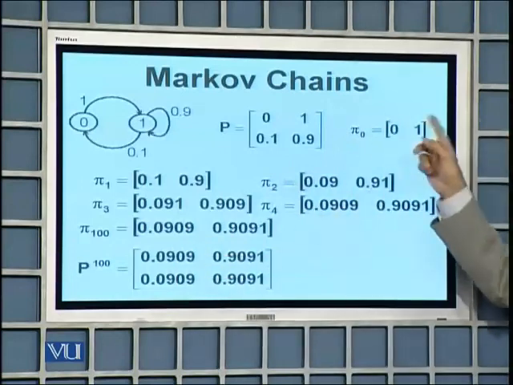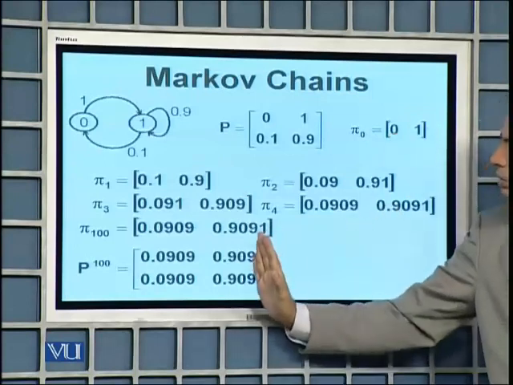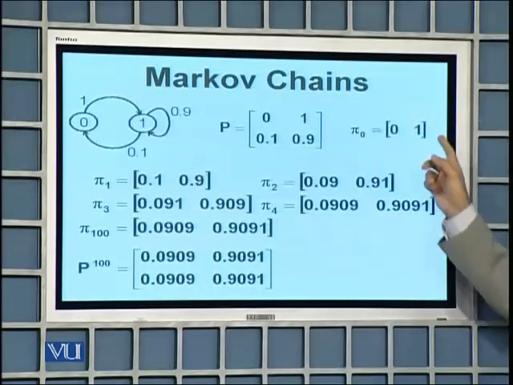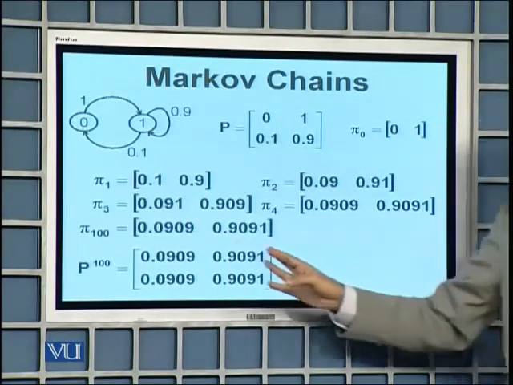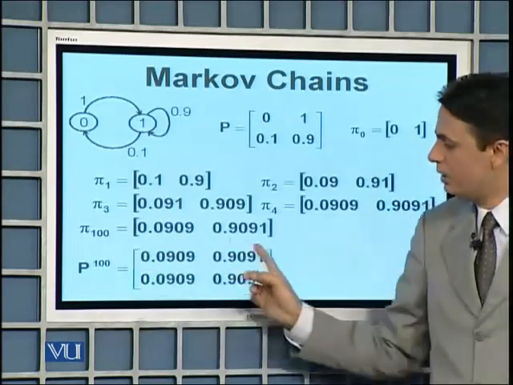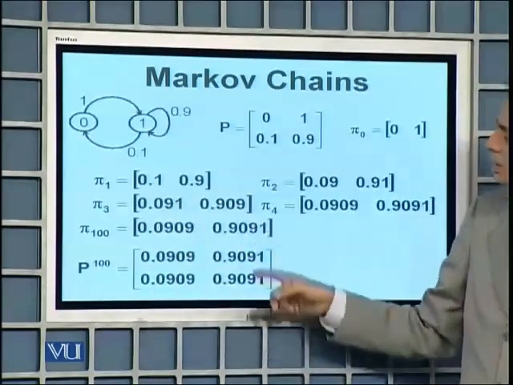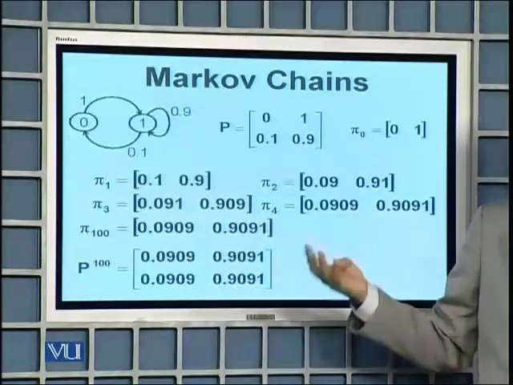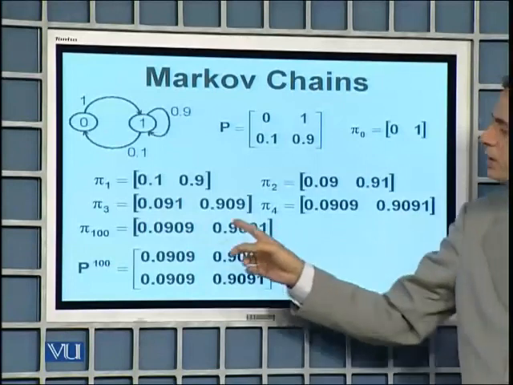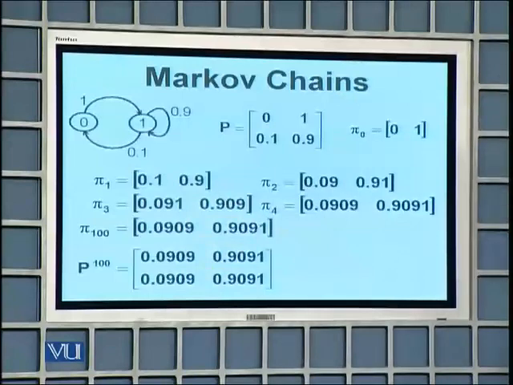Similarly, no matter what the starting distribution, when you take this row and multiply it with this column, you are going to get this number because sum of these two numbers is 1. This is initial probability distribution. So this matrix P raised to power 100 or 1000, if it has converged to a final value, these columns represent the final settled down asymptotic probabilities of this Markov chain being in state 0 and state 1.